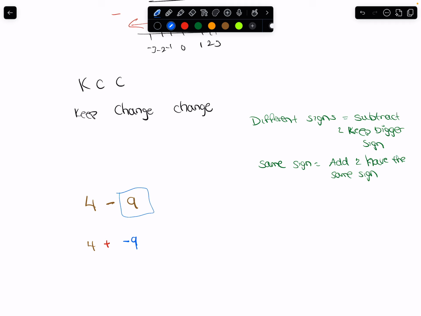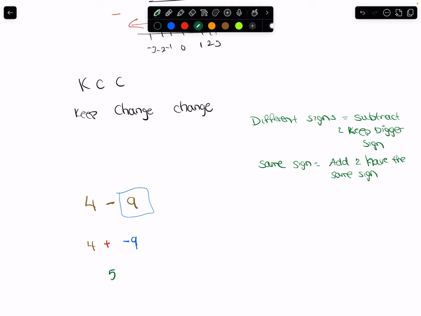That's the first step. We have engaged our keep change change. Make sure the number in the middle is positive. Now we see that the signs are different. The 4 is positive, the 9 is negative. Different signs do what? They subtract. 4 minus 9 is 5. We understand the math, but what is going to be the sign that we're going to have?